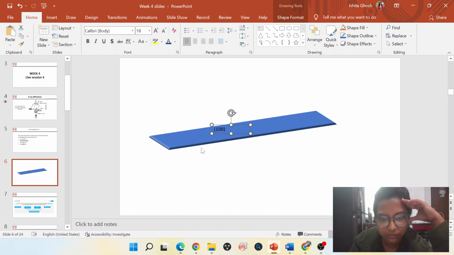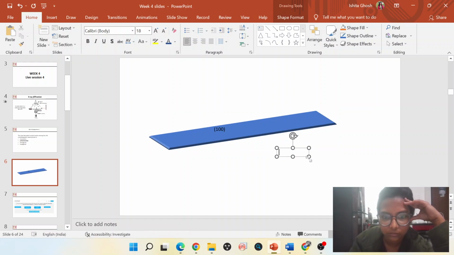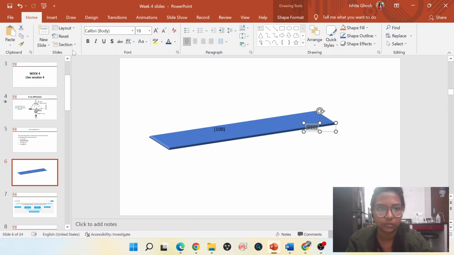It is this face, the thin side face. Suppose this is 010.